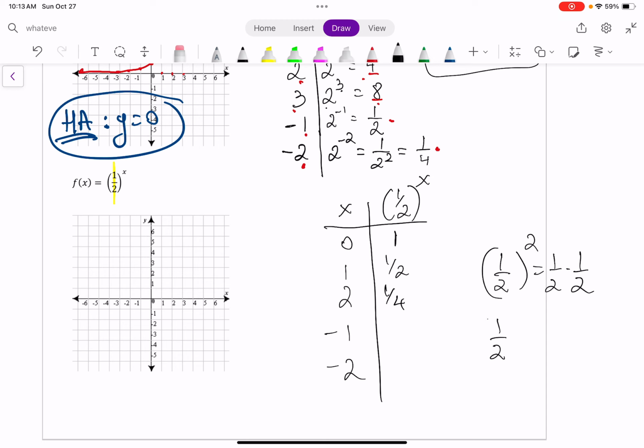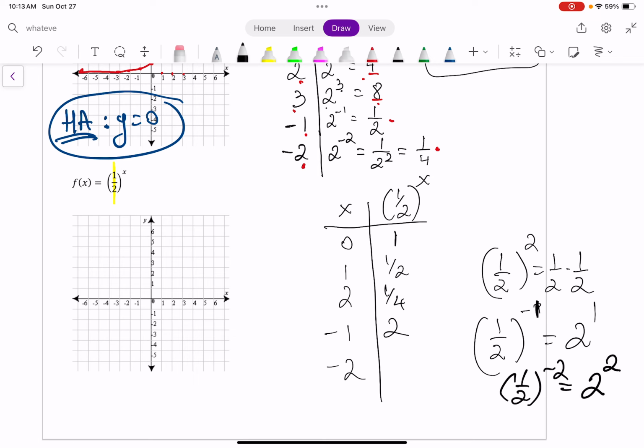1/2 to the -1. Again, a negative exponent just takes the reciprocal of the base. So that's 2 to the power of 1, which is 2. And 1/2 to the -2 is the reciprocal to the power of 2. So that's a 4. So that's what negative exponents do. They turn the base into a reciprocal.